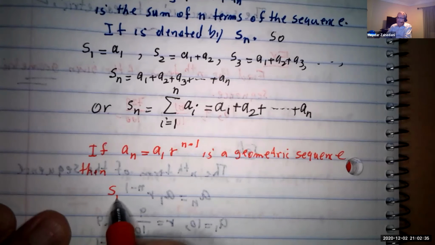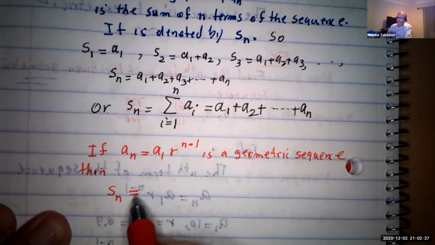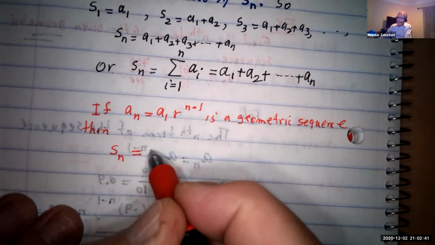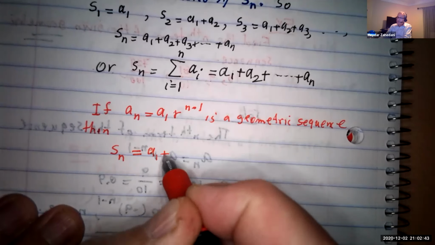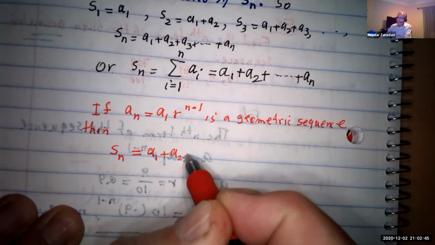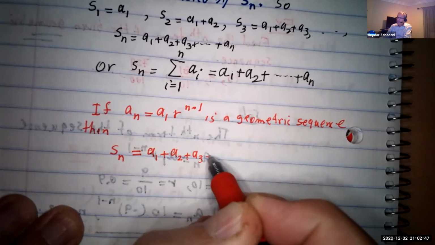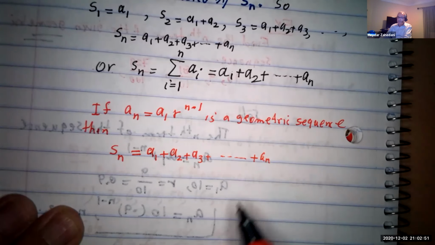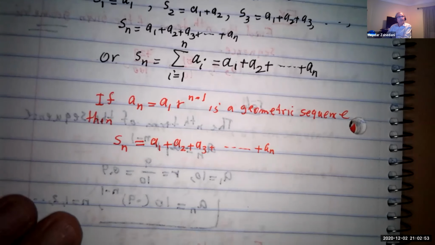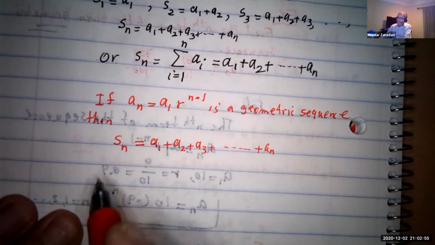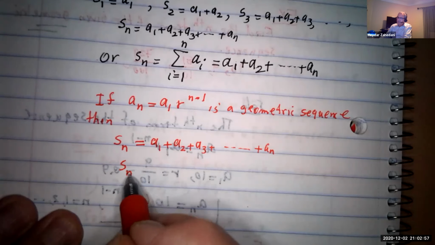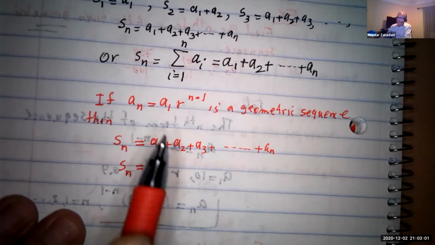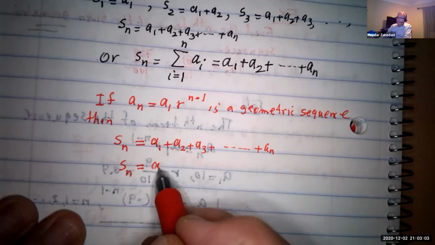You see, Sn is equal to the first term, the second term, the third term, up to the last term. Let me write it down. List it down to see what's going to be the case. Sn equal to the first term, which is just A1.